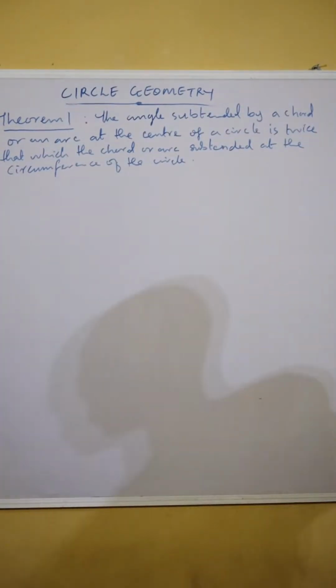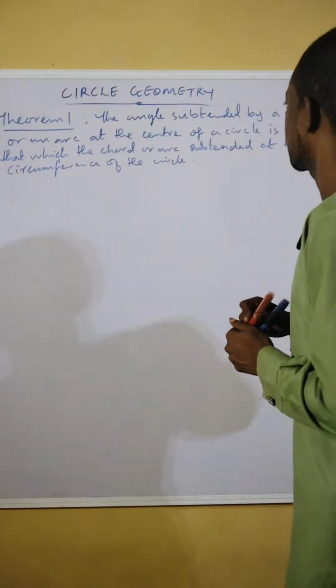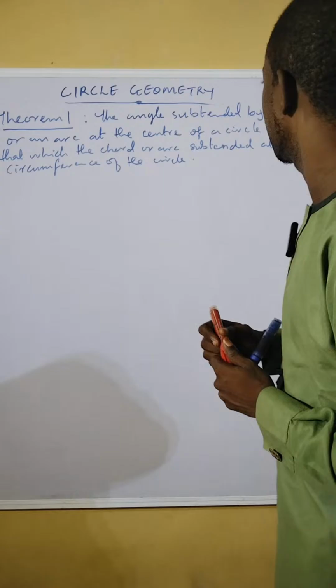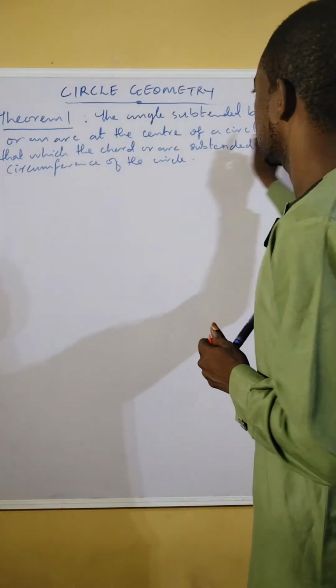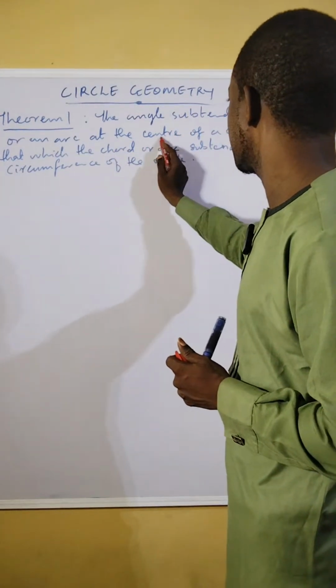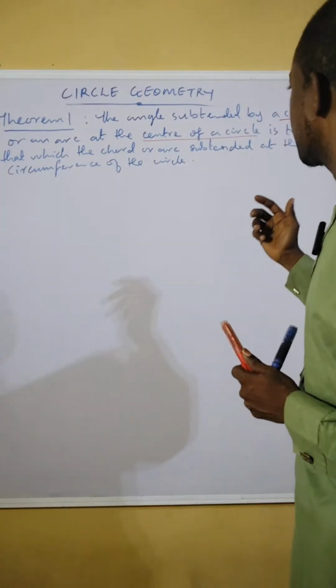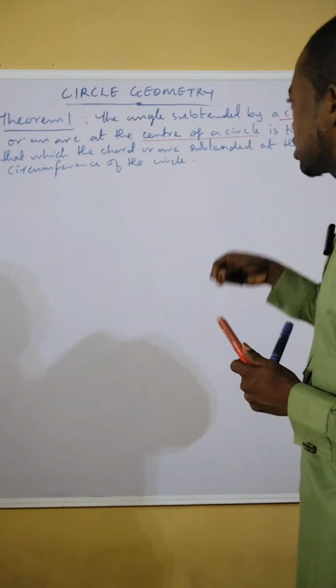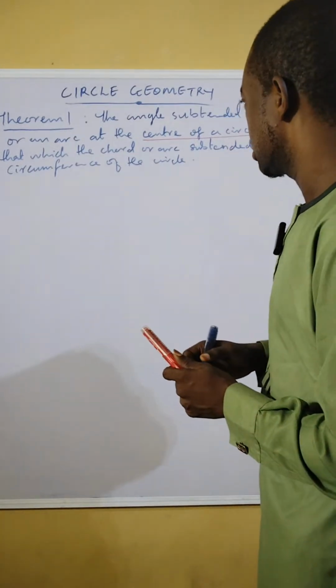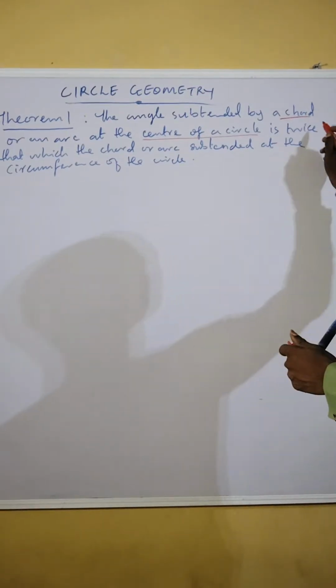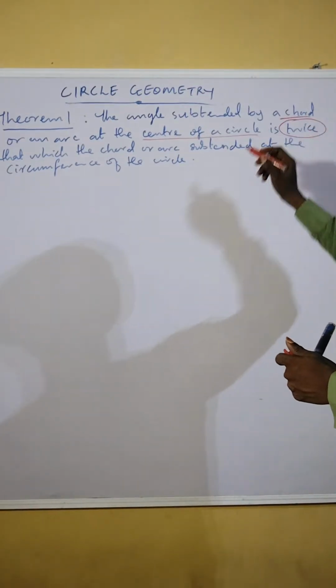Now let's look at some keywords in this theorem. We have a chord, that is, from a circle with center O, we have a chord, and the angle formed at the center by the chord or an arc is twice that which, so this word as well is a keyword, twice.